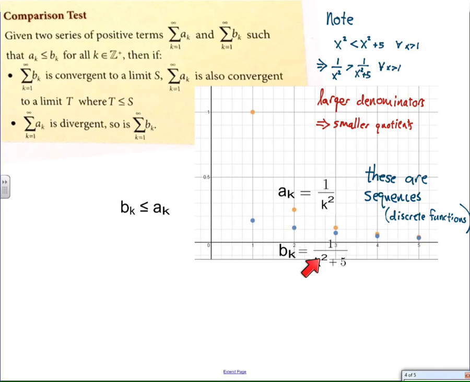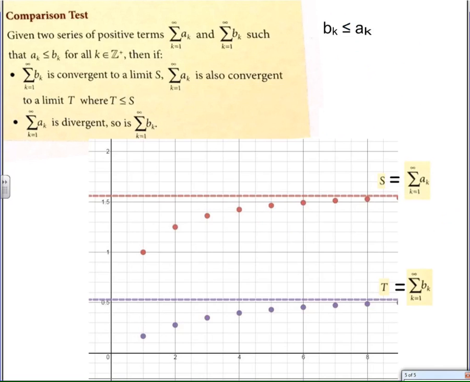All we have to do is make the denominator smaller and the quotient will become bigger. Make the denominator larger and the quotient will become smaller. So I can always use graphical evidence to make sure that my comparison is valid, but the first thing you need to do is to verify that the sequences themselves are comparatively correct.